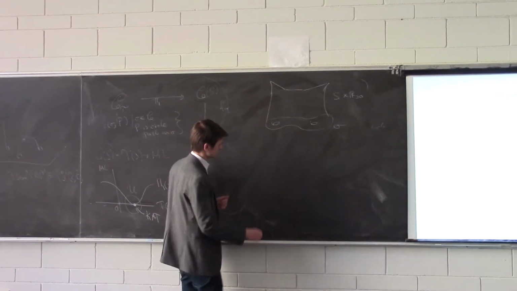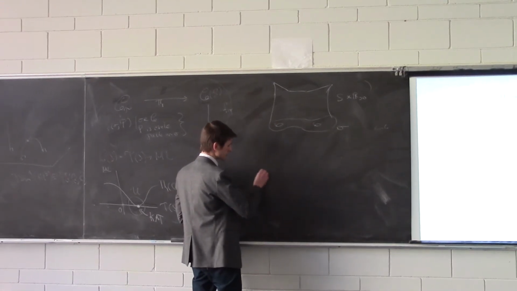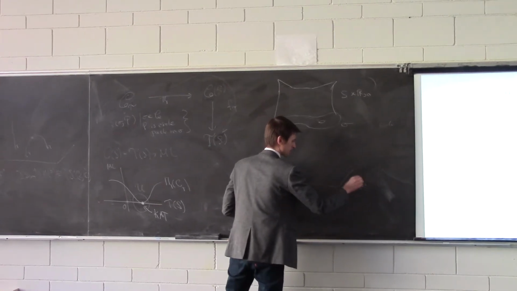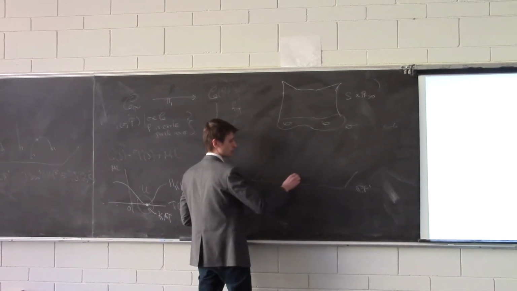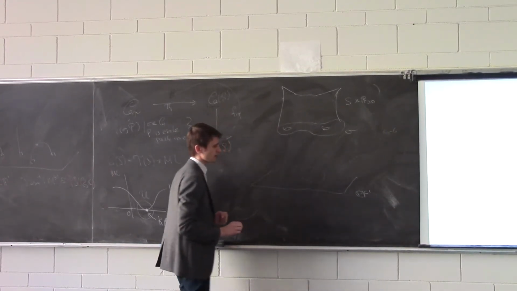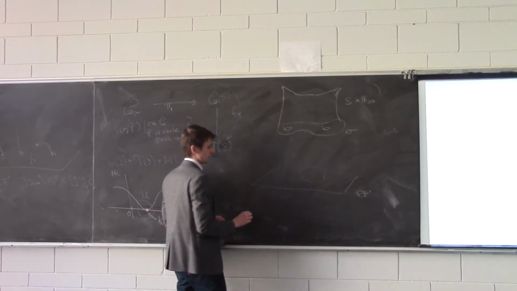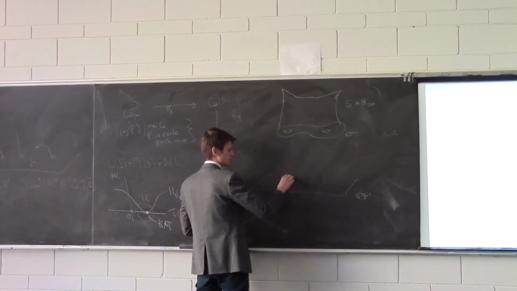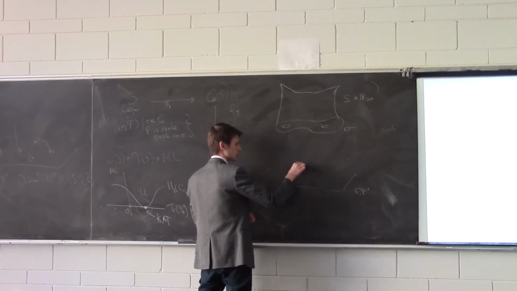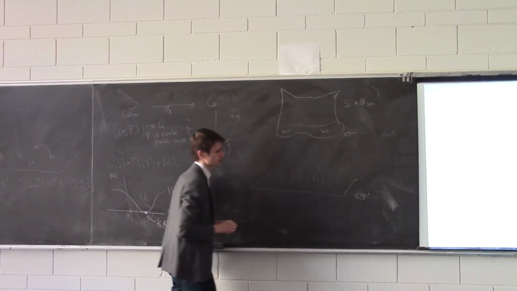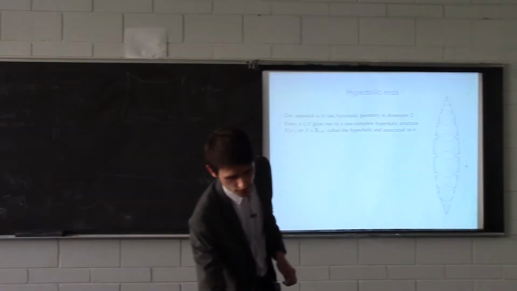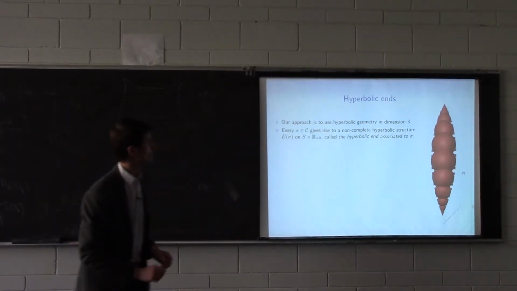But the way you construct it is, so this is CP1. If you look at the developing image of your universal cover, you can take the convex hull of the complement, and that will look like a little dome structure. So if this is the developing image, you can convex hull it off and it'll look like this.